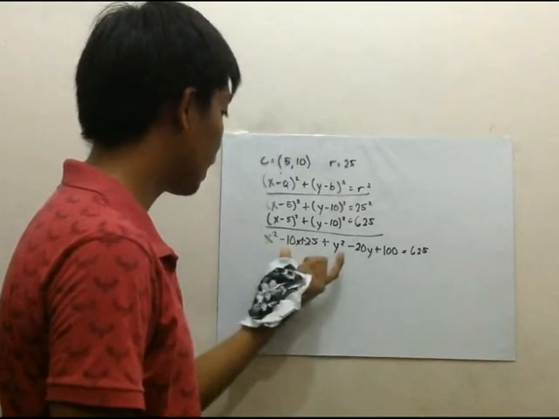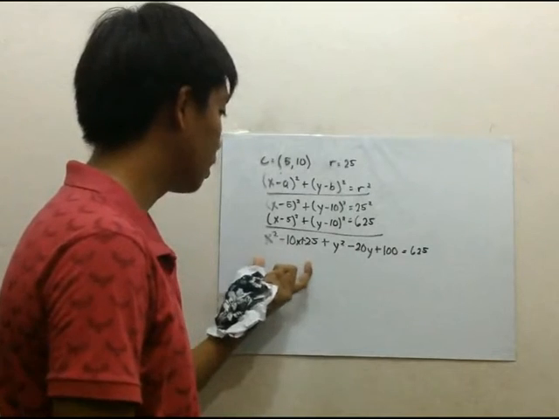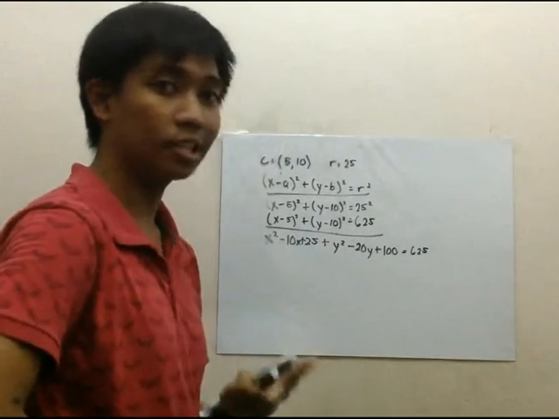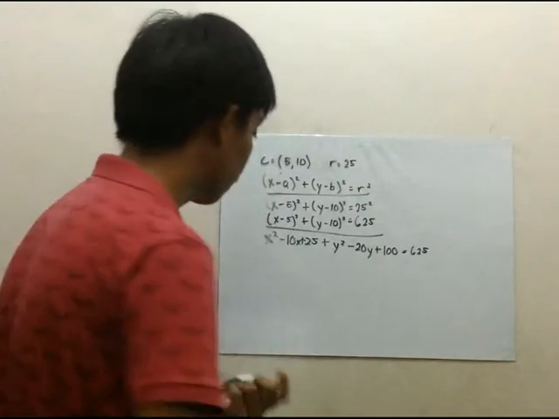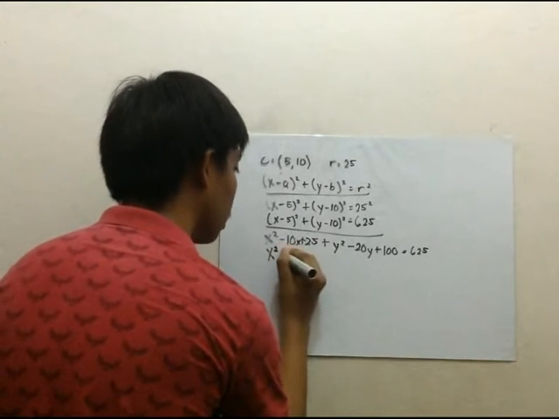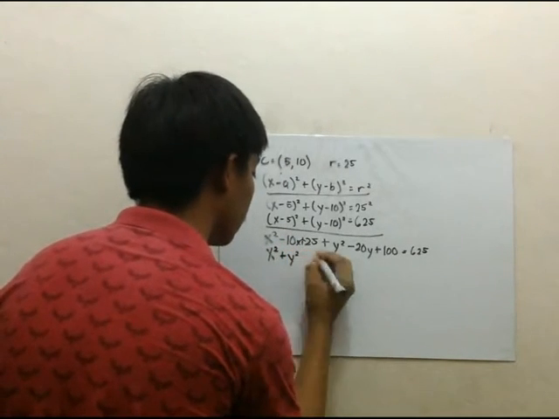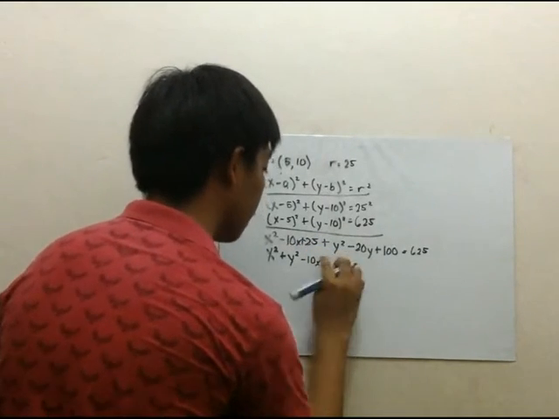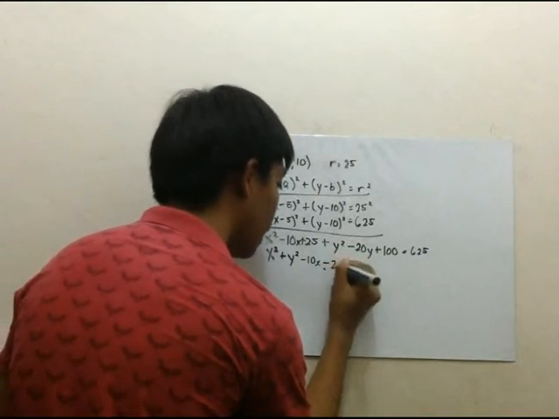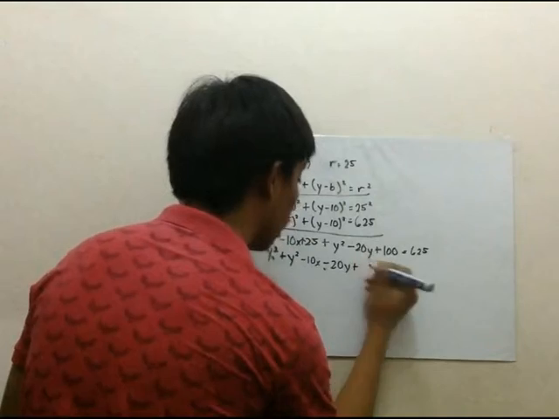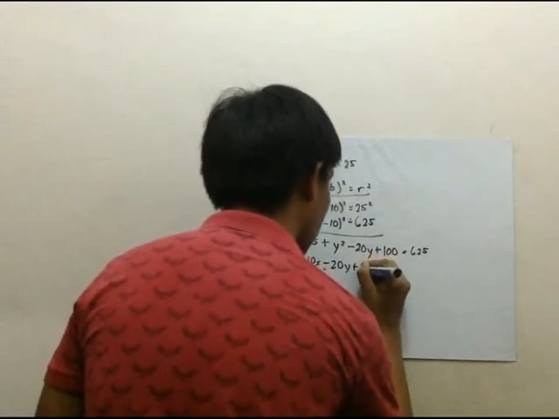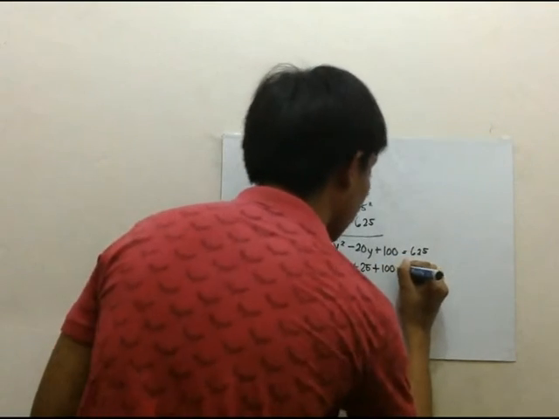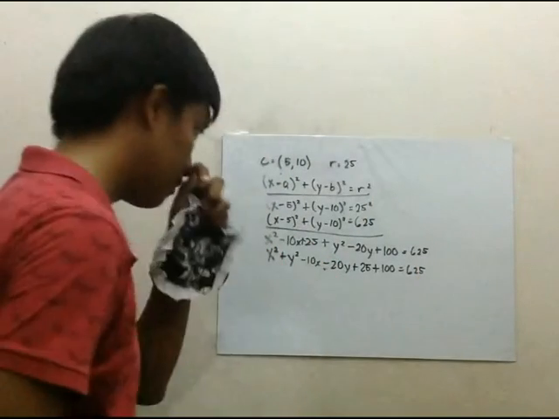So let's arrange it by exponent, highest to lowest. x squared plus y squared minus 10x minus 20y plus 25 plus 100 is equals to 625.